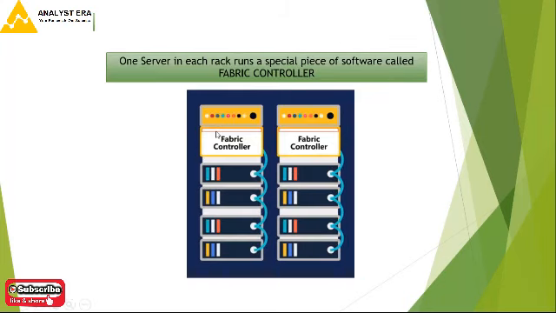And between the racks and the network switch, there is something called a fabric controller. It is a special software which is running inside my server rack. If you know about Service Fabric, I don't know whether you have heard about it. That is the fabric controller. So that is the Service Fabric architecture. That is what they are using inside your rack.